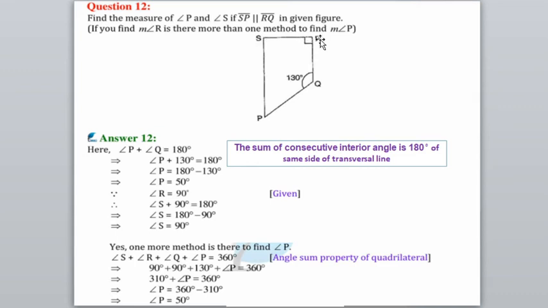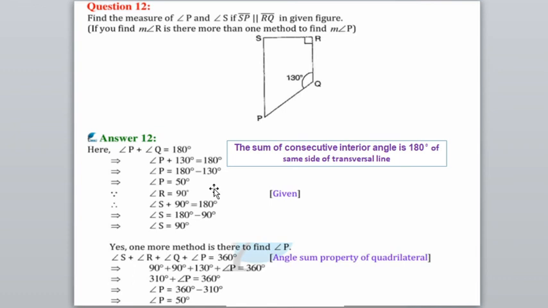And if it is a transversal line and both the angles are given at the one side of the transversal line, it means the addition of these two angles is 180 degrees. So here angle S plus 90 degrees equals 180 degrees, then angle S equals 180 degrees minus 90 degrees, so angle S equals 90 degrees. So here we got angle S as 90 degrees.